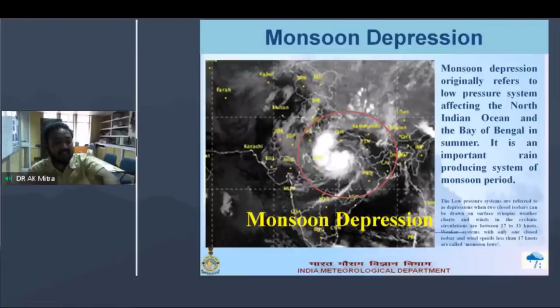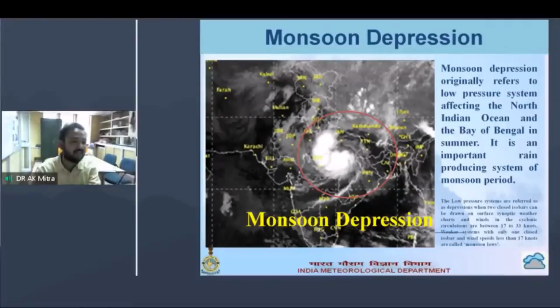It's the eyeball, you can say, an important rain producing system of the monsoon period. So right from the Bay of Bengal, it moves from Jharkhand, from Madhya Pradesh to Gujarat. Last year it happened, so the entire July month covered your monsoon rain. So analyzing this satellite imagery is, again I'm saying, most important.